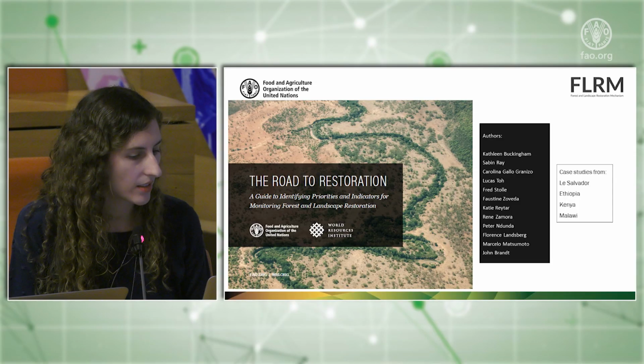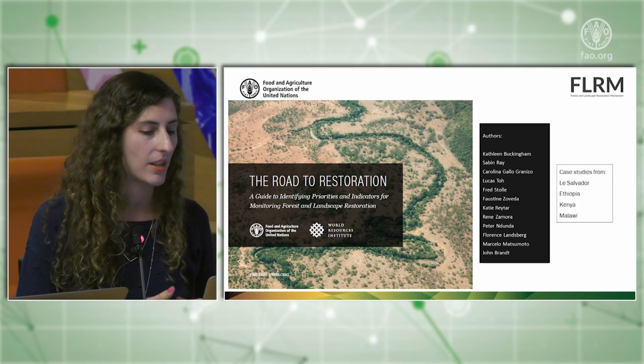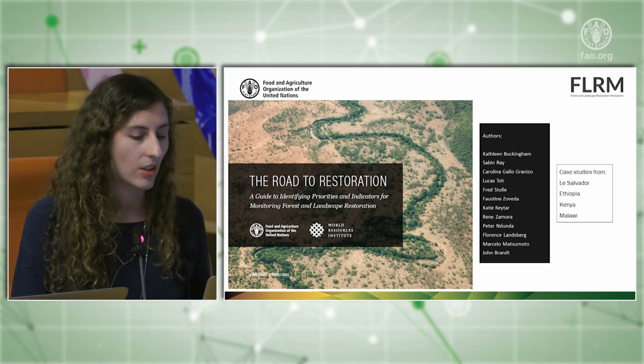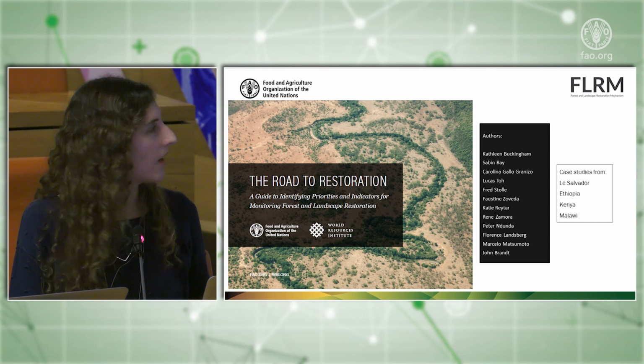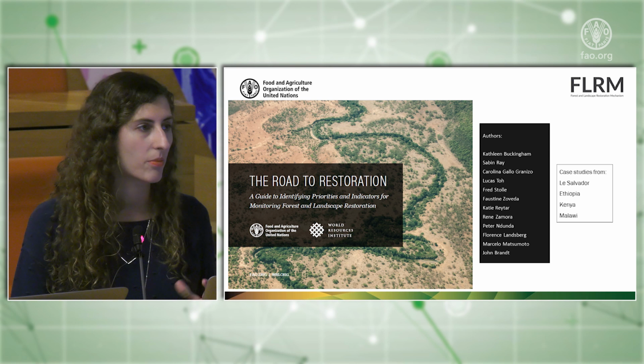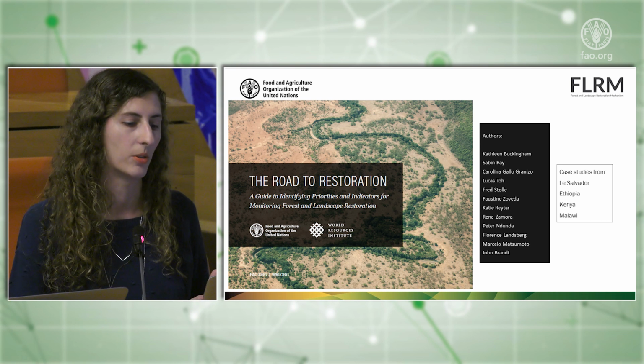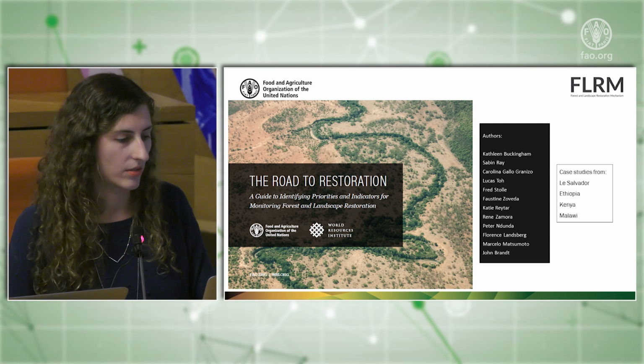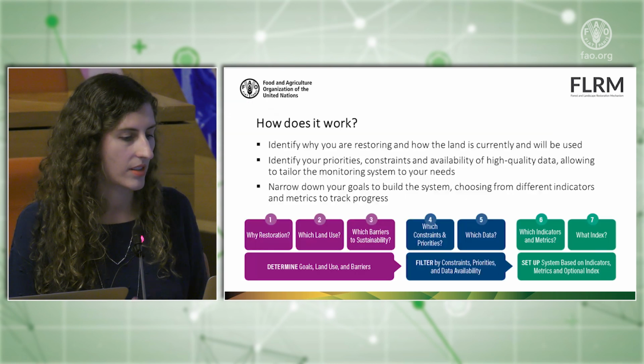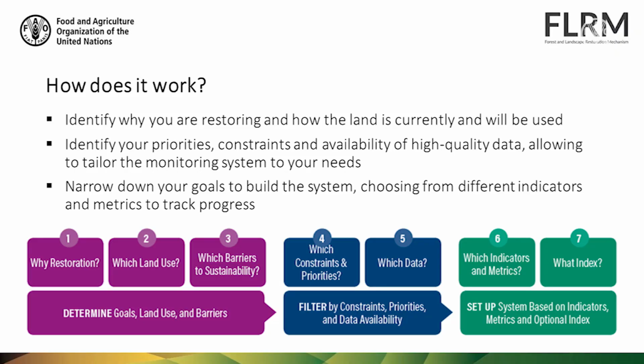So the guide helps create a system that can be tailored to each specific context and specific objectives, and also including both biophysical and socioeconomic variables. The guidance document works as a step approach with 7 different steps, going through identifying what are the goals of the restoration activities, in which context we are in, and also identifying which barriers or disturbances we have in our land.